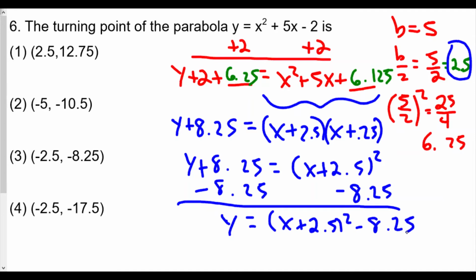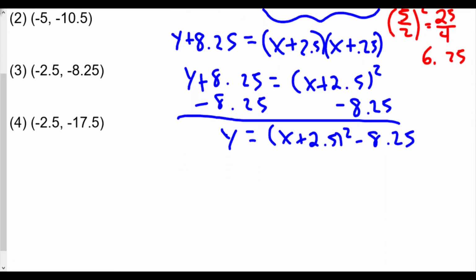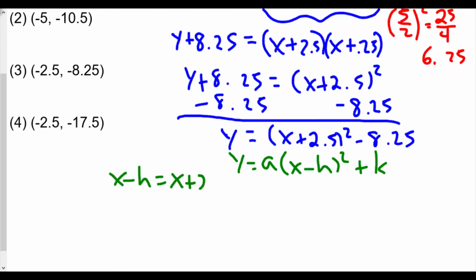Now, to find the vertex, we're going to use our vertex formula of y equals a times x minus h squared plus k. So the first thing I want to do is set x minus h equal to x plus 2.5. Subtract the x's. I have negative h equals 2.5.